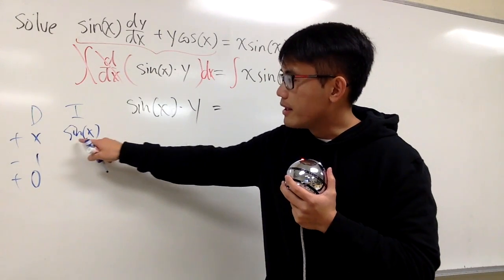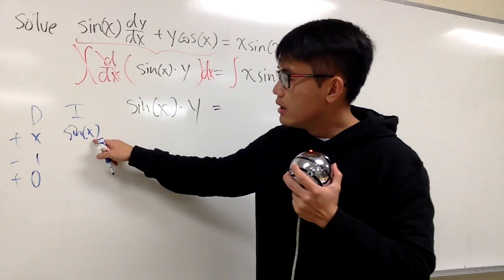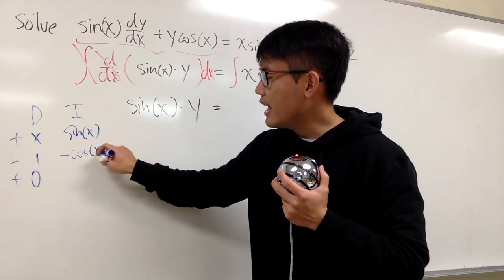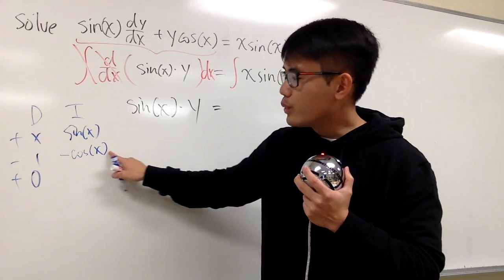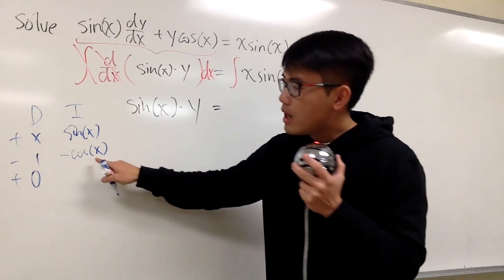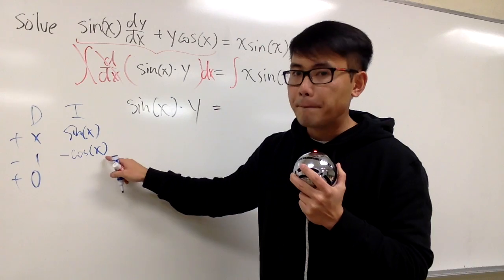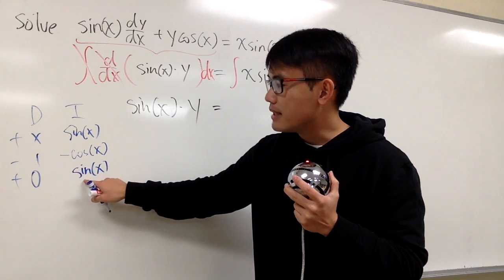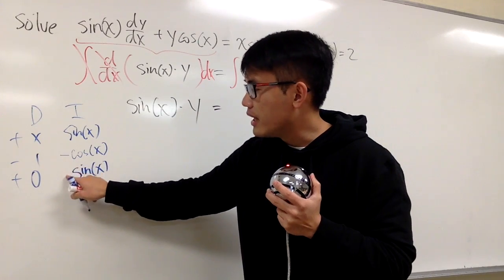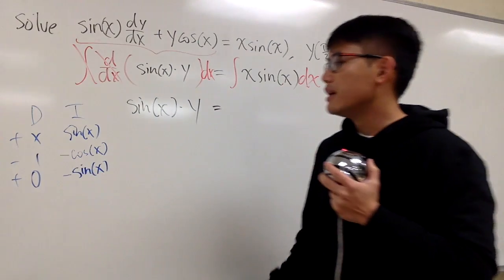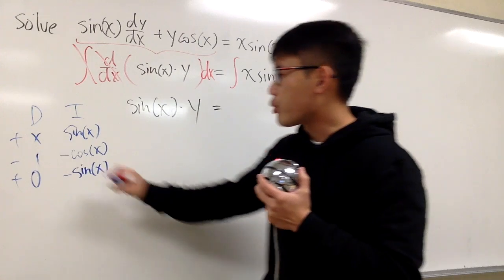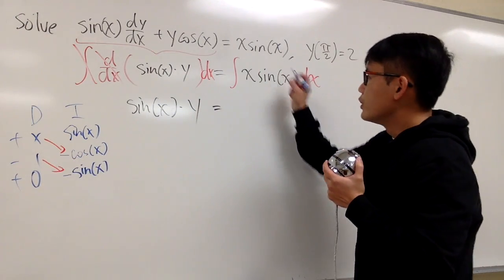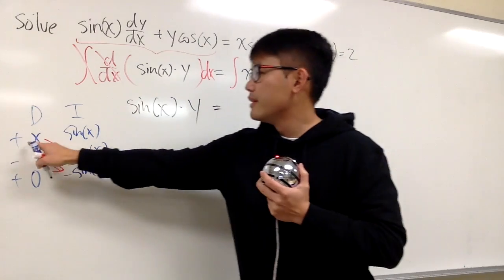And let's integrate sine x carefully. The integral of sine x, we will first get negative cosine x. And when we integrate negative cosine x, the integral of cosine x is positive sine x. And since this was negative, we have to maintain the negative symbol right here. That's enough. And the product of the diagonals are the answers. So once we integrate this, we will have this times that.